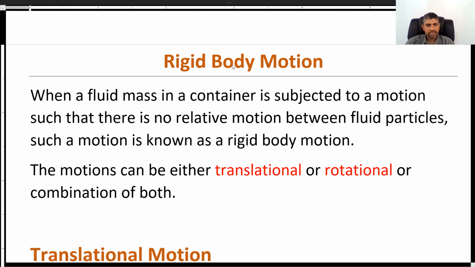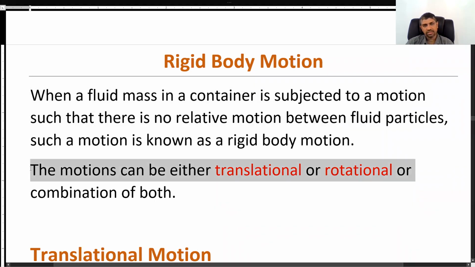Therefore, the motion can be either translational or rotational or a combination of both. In this discussion, we only focus on translational motion and rotational motion. No need to write it down.